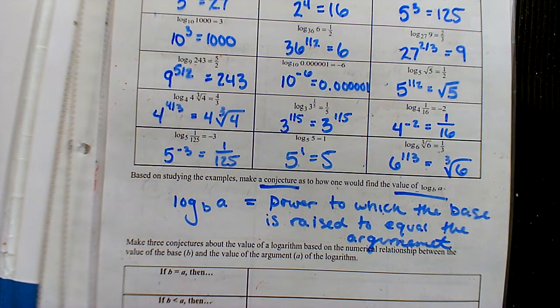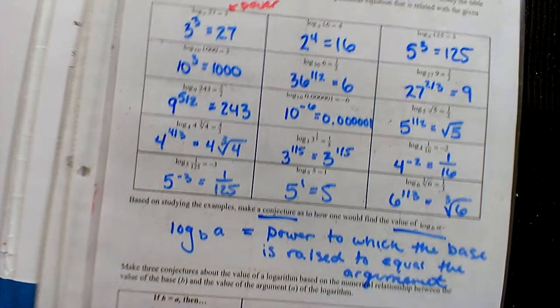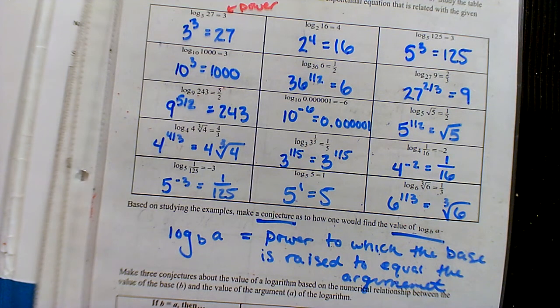Right? So essentially the value or answer from a log is a power that you're raising a specific number to get a different number. So we're going to try to look at some relationships here between what the base is and what the argument is, and just try to figure out maybe some type of pattern for us to make a guess as to what this logarithm value would be.